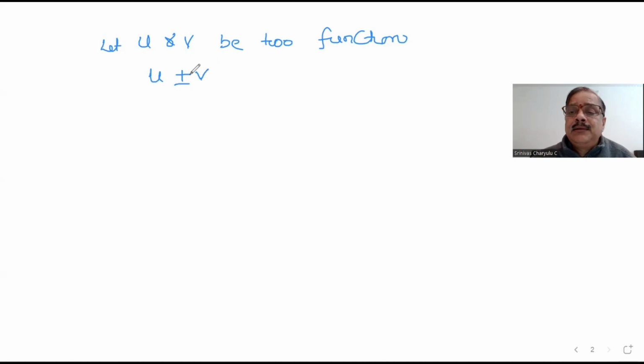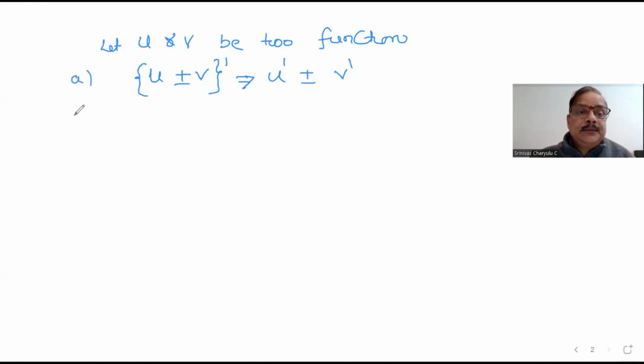That means I am adding or subtracting. I want to do the differentiation of u plus or minus v whole dash. Remember, this dash symbol stands for differentiation. U plus or minus v whole dash is nothing but u dash plus or minus v dash.